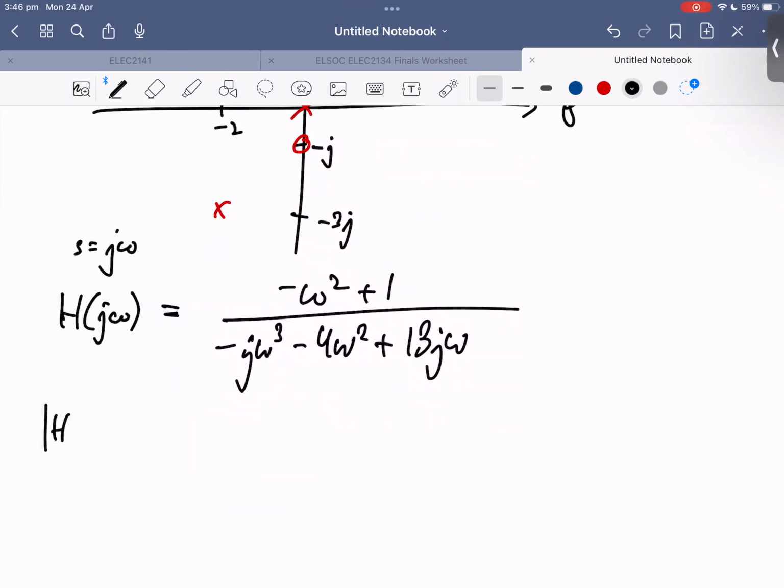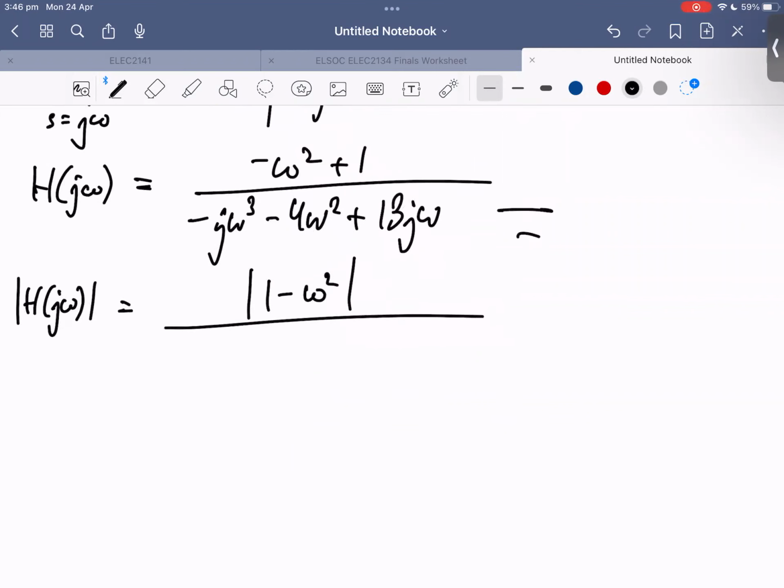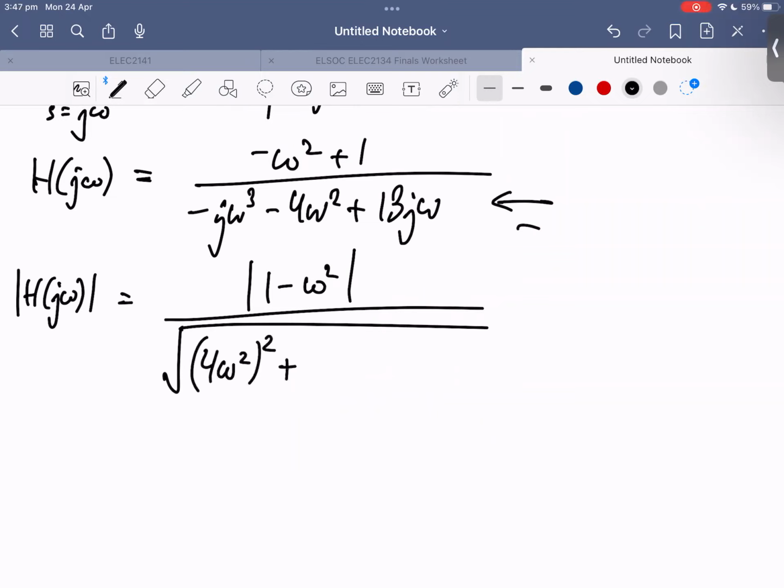So the magnitude response of that is the magnitude of 1 minus omega squared, and then the magnitude of the denominator, which is the square root of 4 omega squared, whole squared, plus 13 omega minus omega cubed, whole squared.